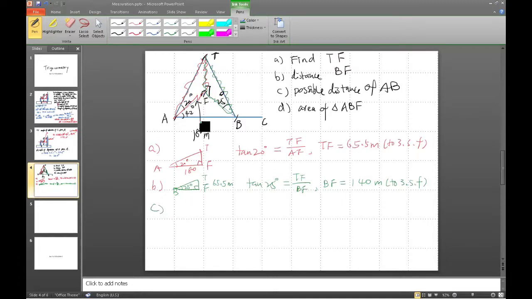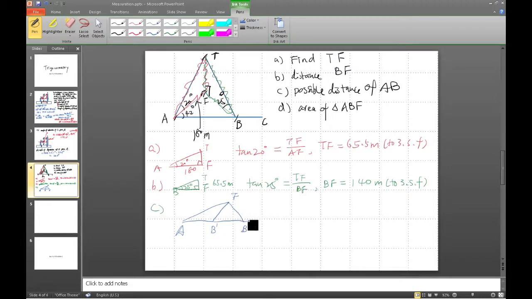Okay, now we have come to part C, to find the possible distance of AB. This question is slightly tricky because it's not as easy or as direct as you think. Let's draw this triangle out. So one of the scenarios can be AFB prime.